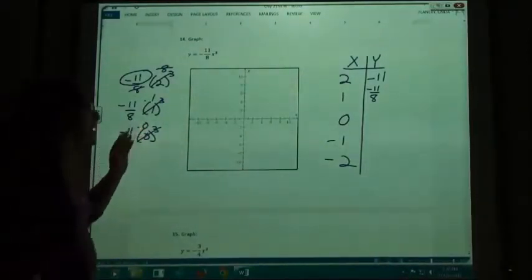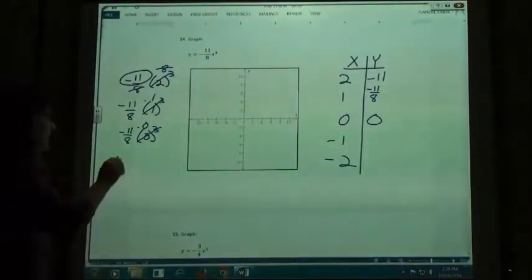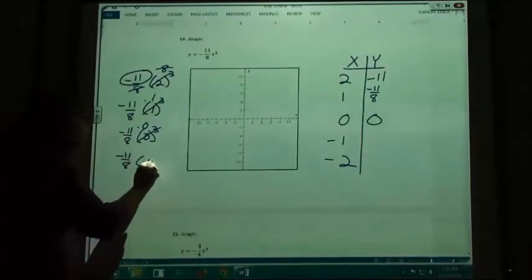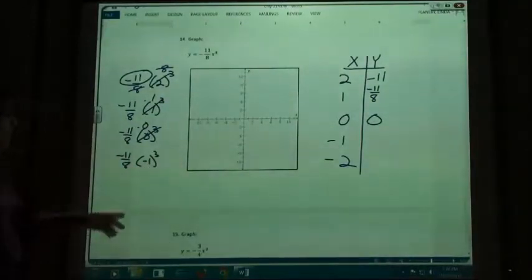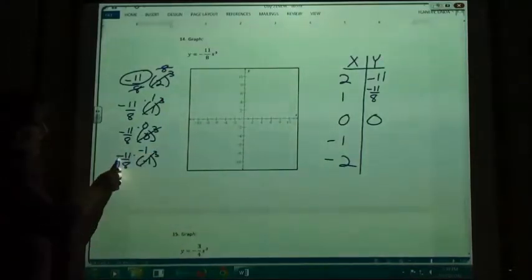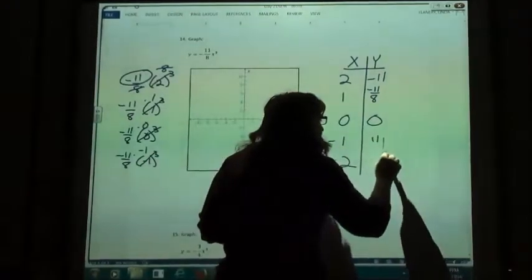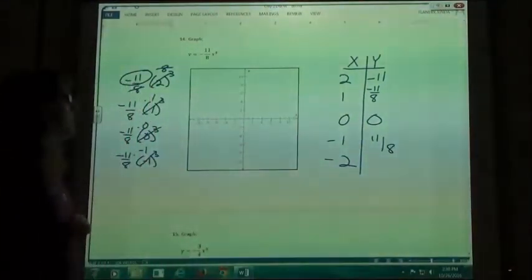Negative 11/8 times 0, still 0. Negative 11/8 times negative 1 cubed. Negative 1 cubed stays negative 1. A negative 11/8 times a negative 1 changes that to a positive 11/8.